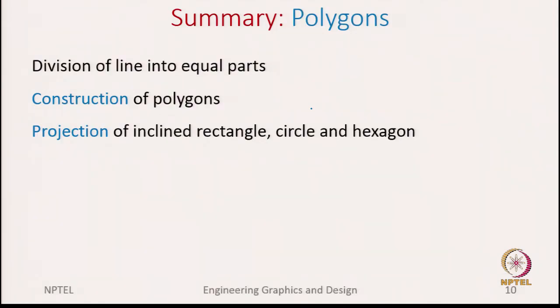So, in summary, in this lecture first we looked at some techniques on how to divide a line into n equal parts. We also looked at how to construct polygons, mainly how to draw an N-sided polygon. And lastly, we looked at 3 examples of projection of simple polygons. We started by projecting a rectangle, and then a circle, and then a hexagon.